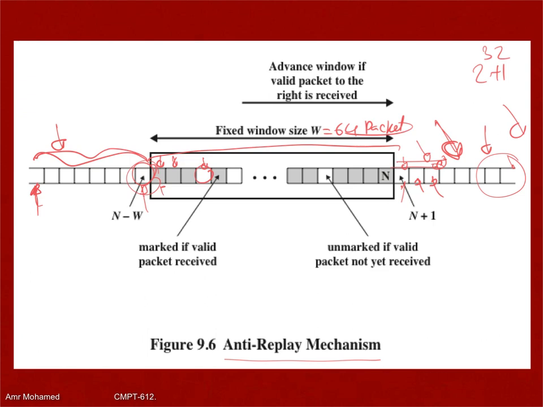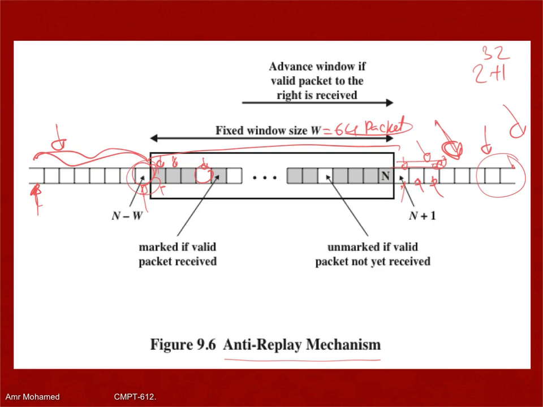What if this situation happens a lot, like I keep receiving such packets? That's why we have a specific size for the window. We have 64 packets, and this number is designed based on some experiments.